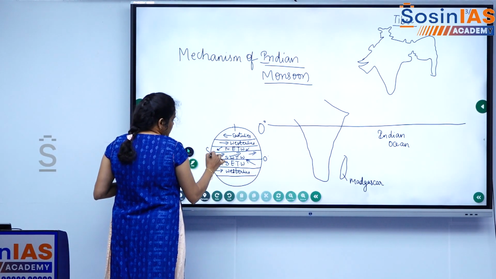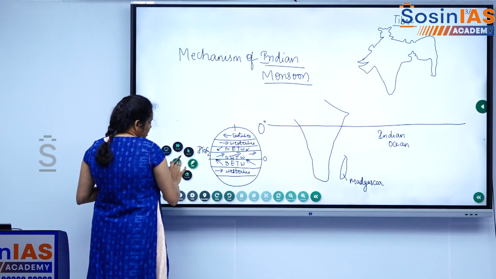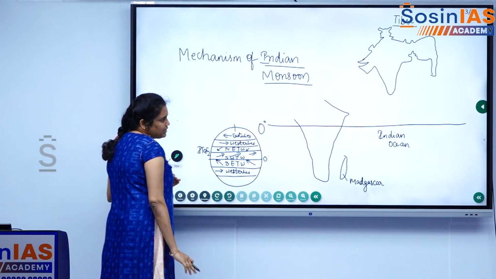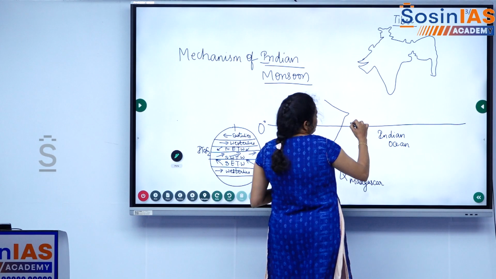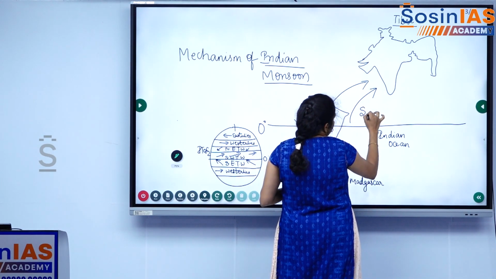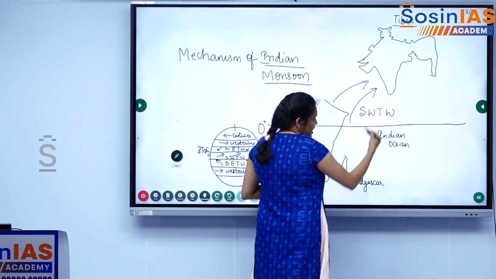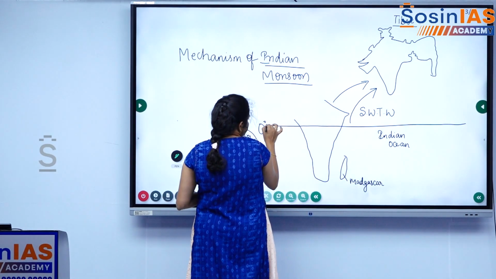So this will be your ITCZ. Okay, when intertropical convergence zone is here, what happens? You will observe southwest trade winds coming.